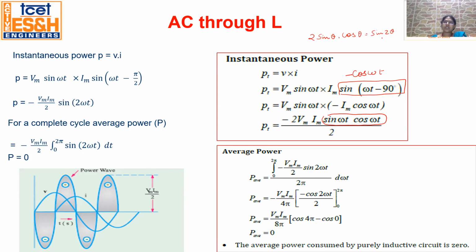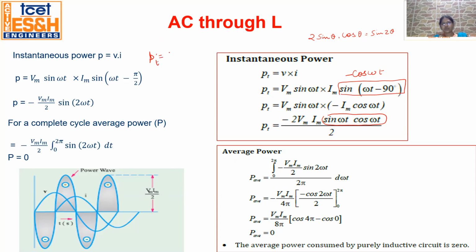By using this formula, you replace sine omega t cos omega t multiplied by 2, so you will get the formula of PT.